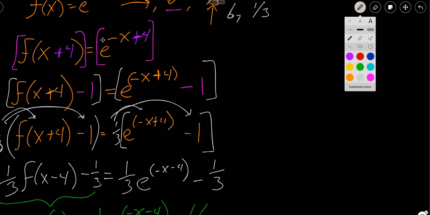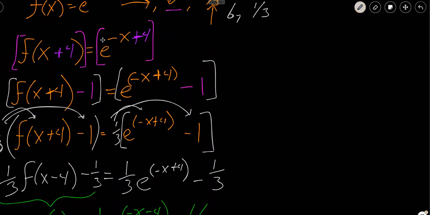Not a huge deal. It just plays into this whole counterintuitiveness of how the input values are handled in transformations of functions. Because I had a negative x to start, you can think of this as negative x plus 4.